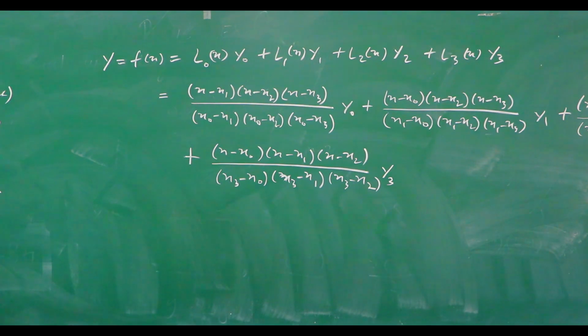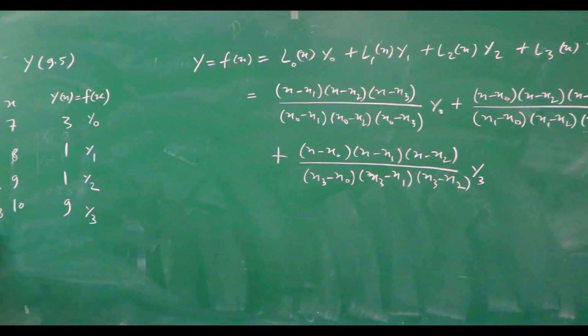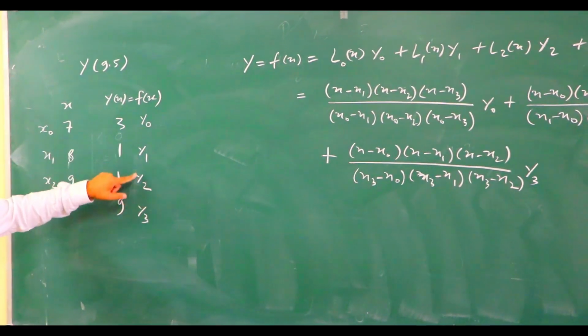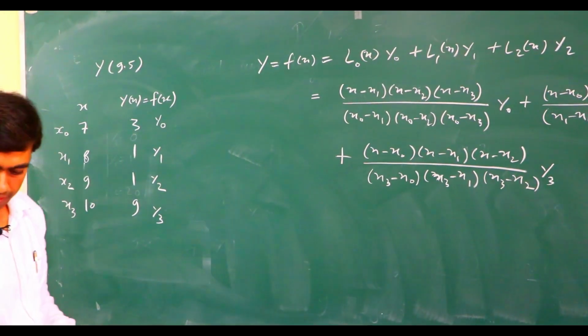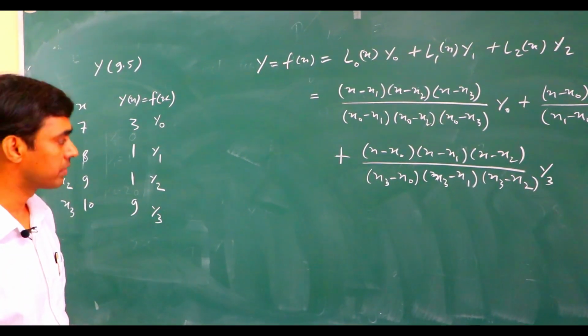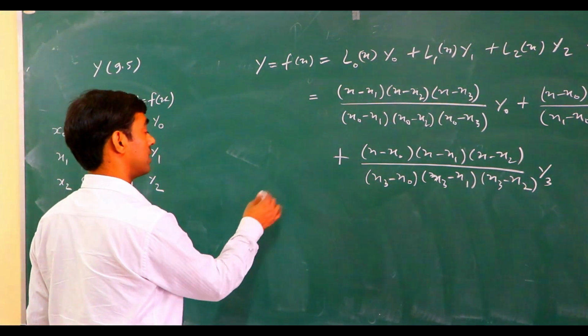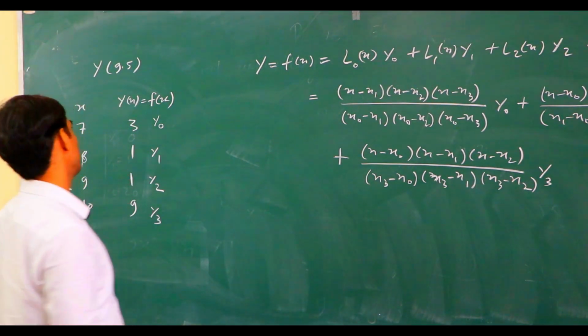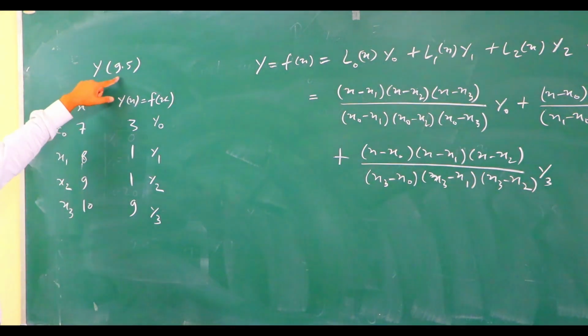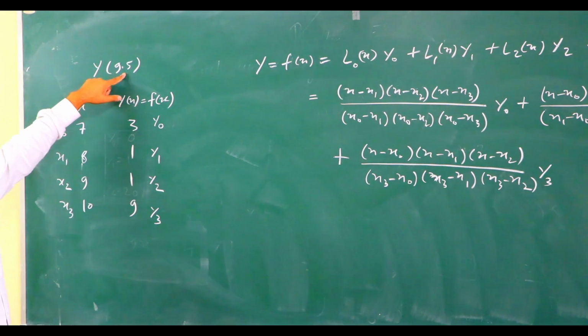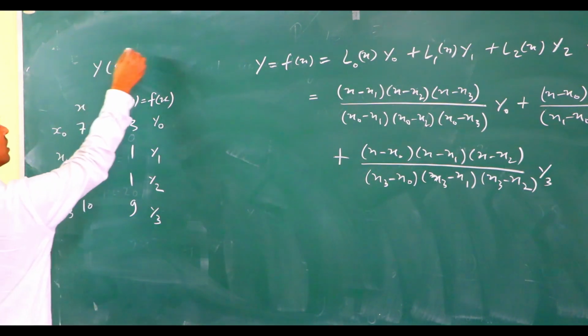Just put the values of x0, x1, x2, x3 and y0, y1, y2, y3, and we find the desired solution, meaning the value of y at x equal to 9.5. So we put x equal.